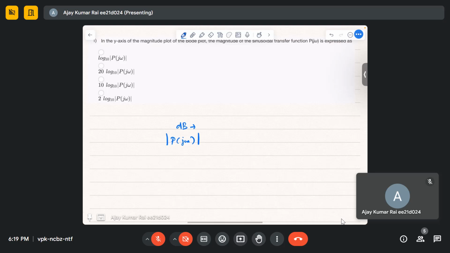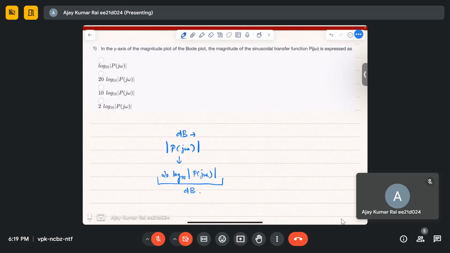And if you want to plot in the Bode plot, it has to be in dB. So you take log of it, log to the base 10, and multiply by 20. So this quantity is now in dB. This is what is asked in the question.